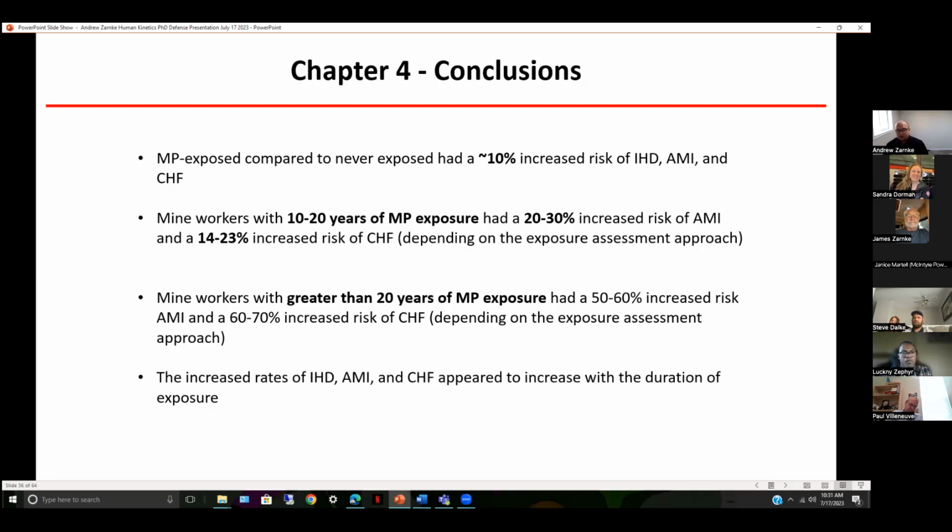Mine workers with greater than 20 years of exposure had a 50 to 60% increased risk of heart attack and a 60 to 70% increased risk of congestive heart failure. And it seemed that these rates increased with the duration of exposure.